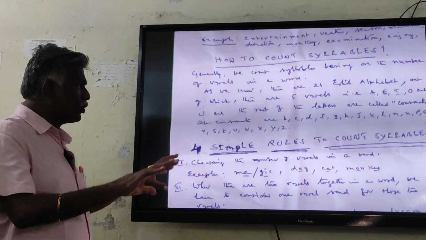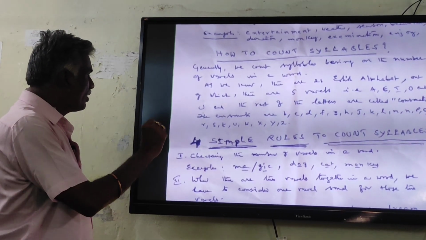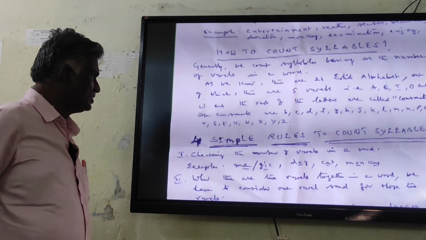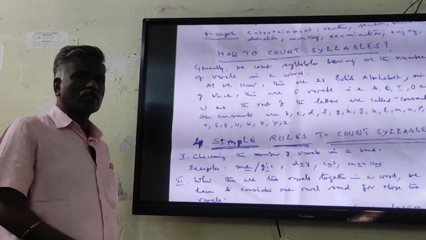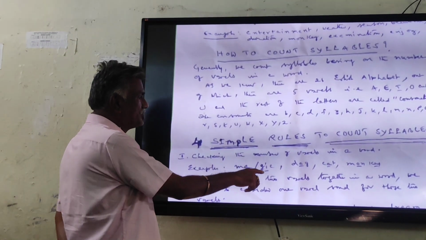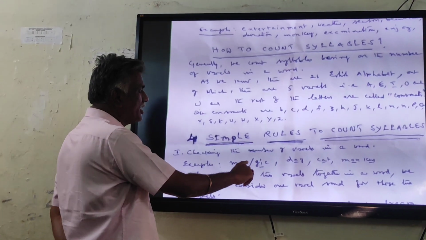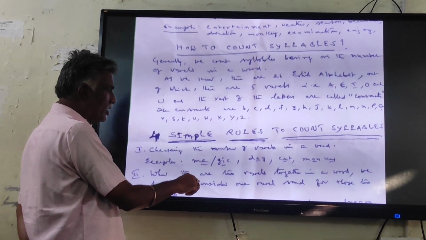There are 4 simple rules to count syllables. Rule number 1. First, check the number of vowels in the word. For example, take magic. How many vowels are here? A, I. Ma, this is one syllable.